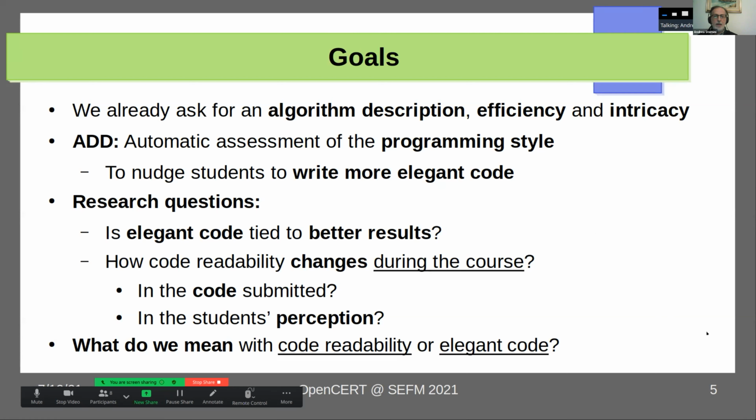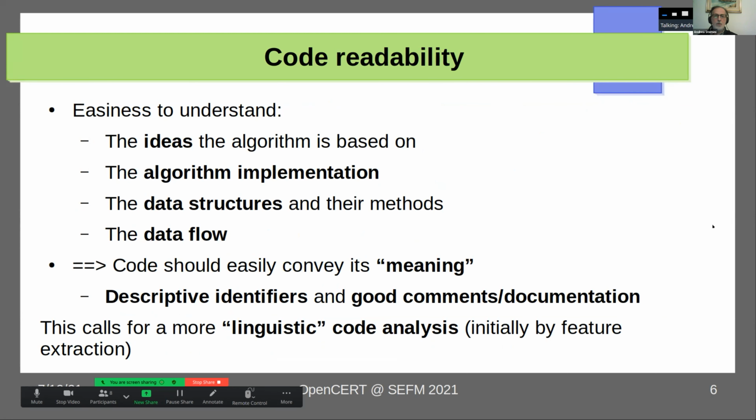But what do we actually mean by code readability and, let's say, elegant code? We want the code to be easy to understand. It should convey the ideas the algorithm is based on, the choices that the student had to make to implement the code. They have to easily understand what the data structures are, what data are inside the variables and the attributes of objects, and what the flow of the data is.